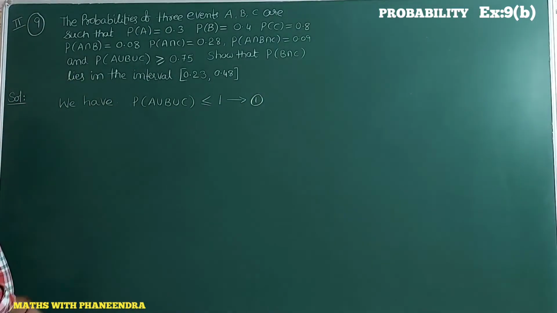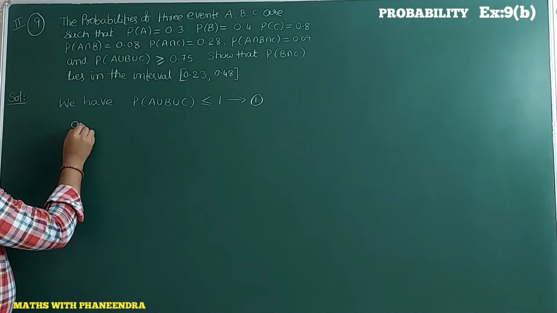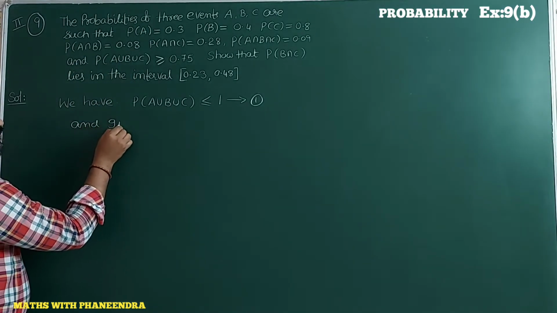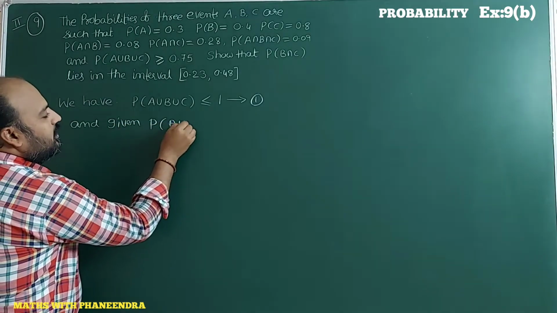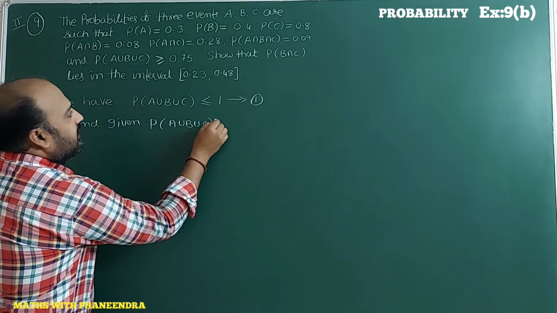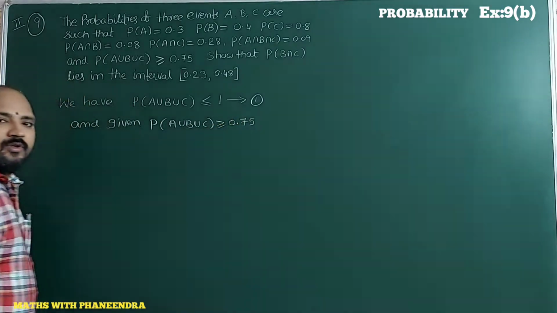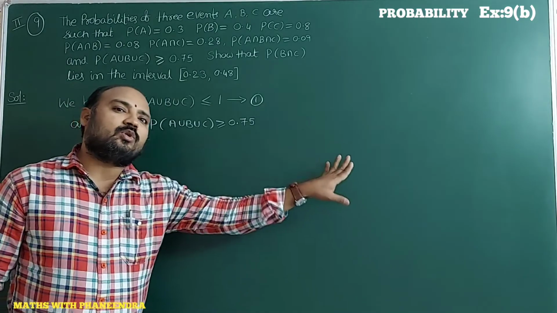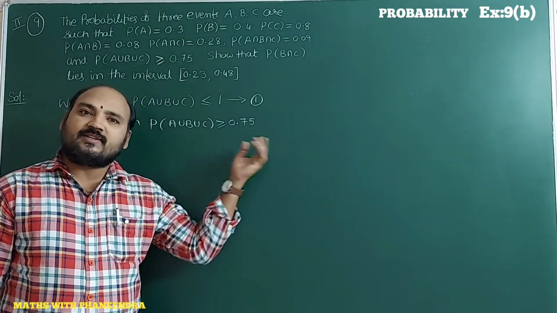And one more piece of information is given: P of A union B union C is greater than or equal to 0.75. Suppose x is greater than or equal to 3, so 3 is less than or equal to x.